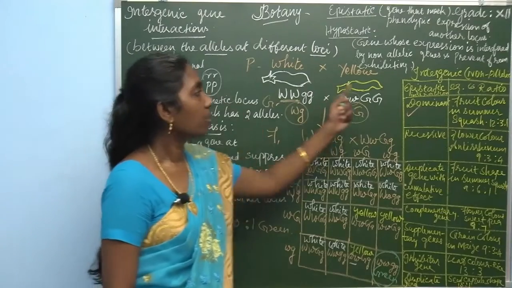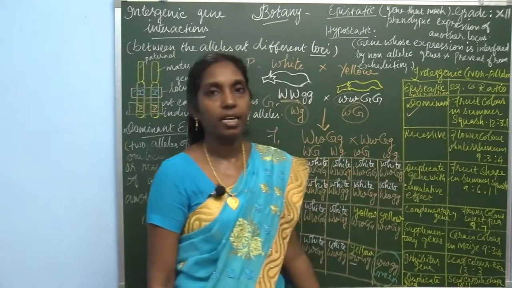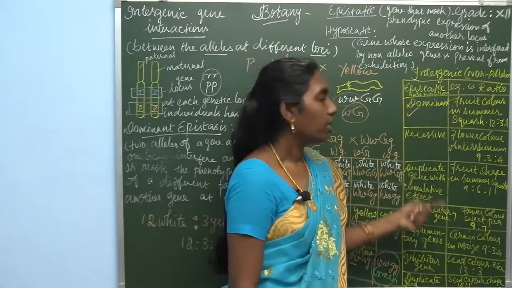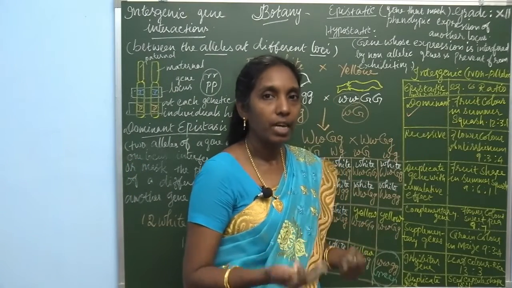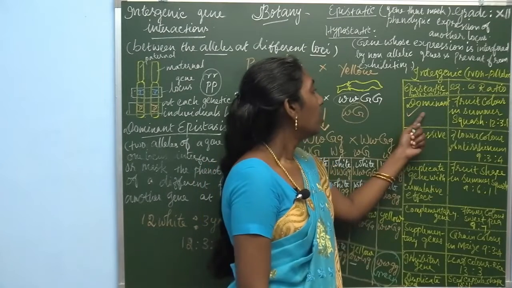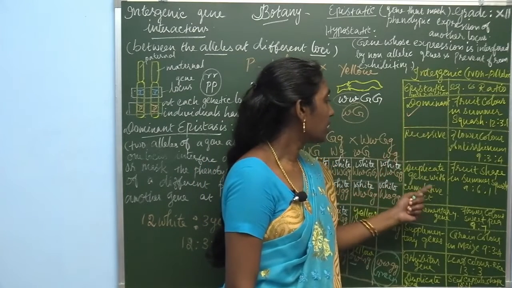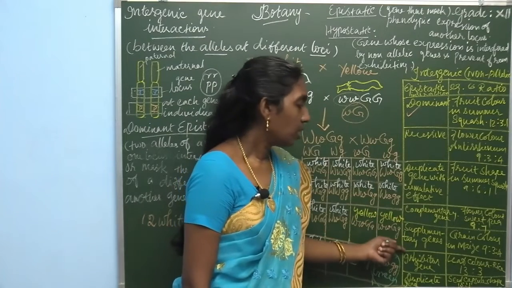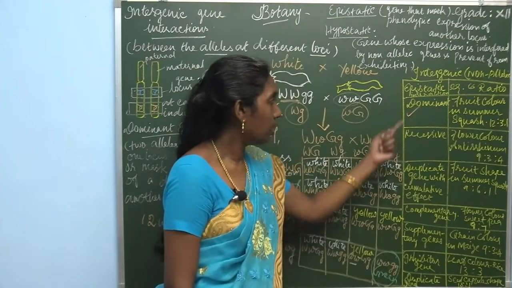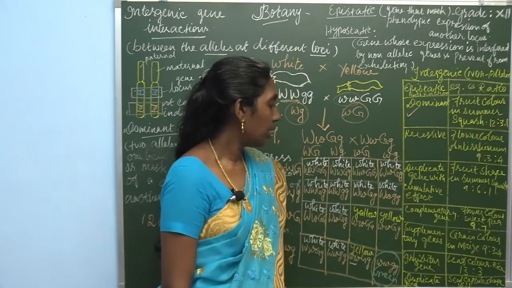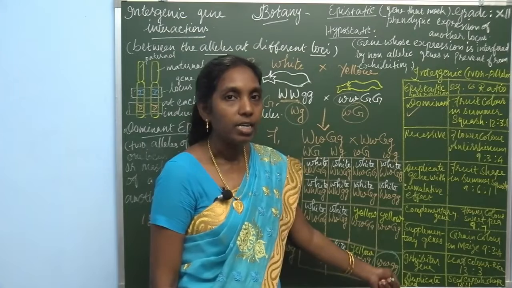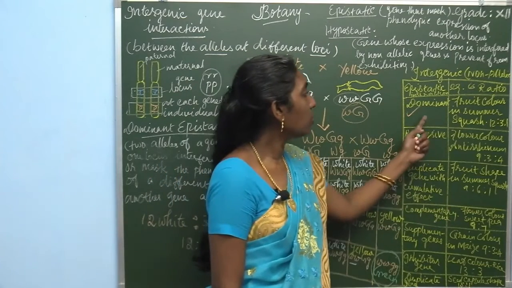Now there are some examples. Epistatic interactions show different types with different examples in different ratios. Dominant epistasis, recessive epistasis, duplicate gene with cumulative effect, complementary gene interaction, supplementary gene interaction, inhibitor gene interaction, and duplicate gene interaction. What are the different ratios?